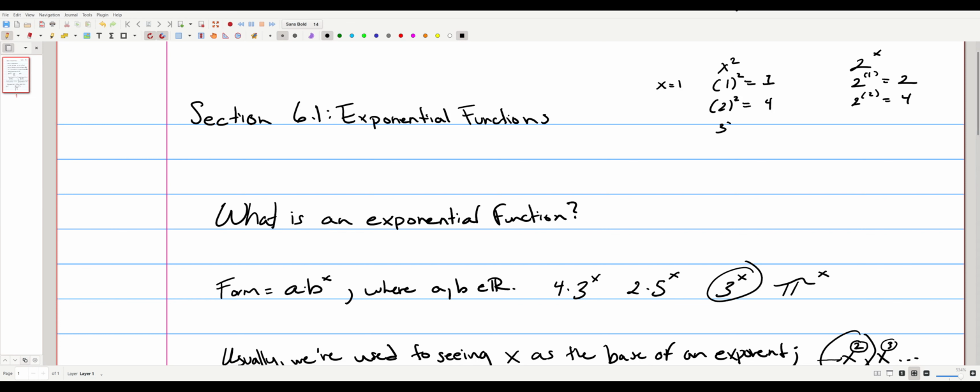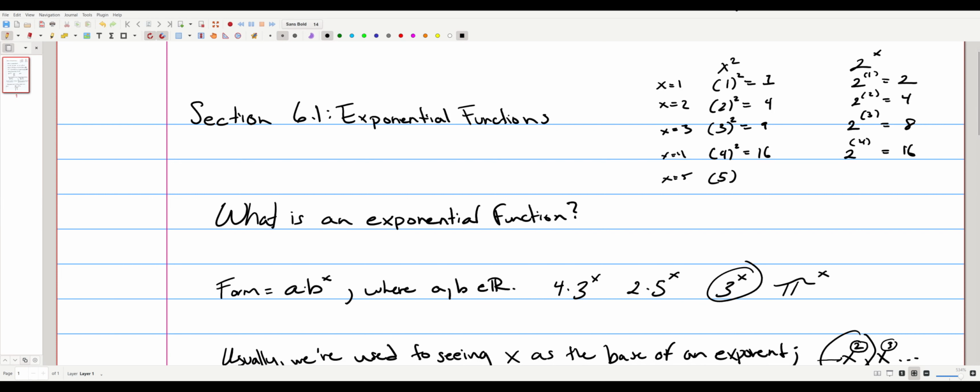We plug in 3, 3 squared, that's 9. Here we have 2 to the third power, that's going to give us 8. x equals 4. We're going to have 4 squared, that's equal to 16. 2 to the fourth, that's also equal to 16. x equals 5.